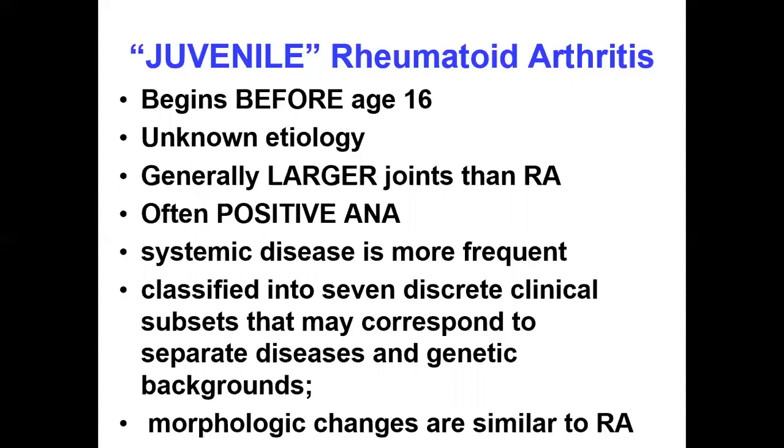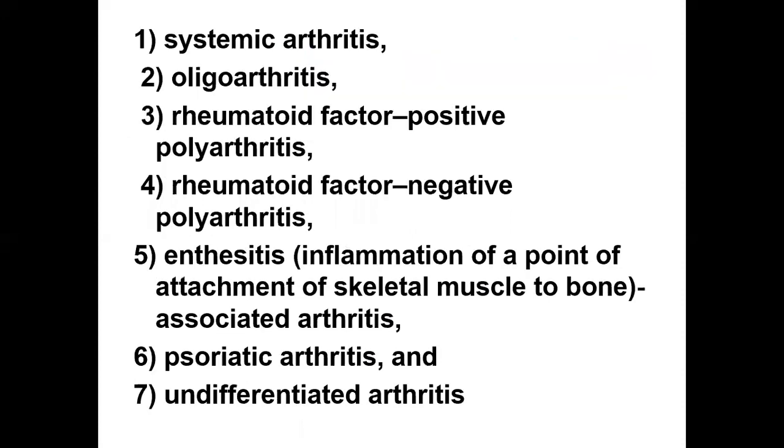Morphologic changes are similar to rheumatoid arthritis. So the subtypes are systemic arthritis, oligoarthritis, rheumatoid factor positive polyarthritis, rheumatoid factor negative polyarthritis, enthesitis-associated arthritis, psoriatic arthritis, and undifferentiated arthritis.